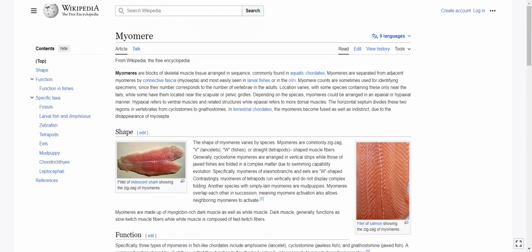And just to say again the definition officially, myomeres are blocks of skeletal muscle tissue arranged in sequence commonly found in aquatic chordates. Myomeres are separated from adjacent myomeres by connective fascia, which I guess is the long lines running the length of the fillet.